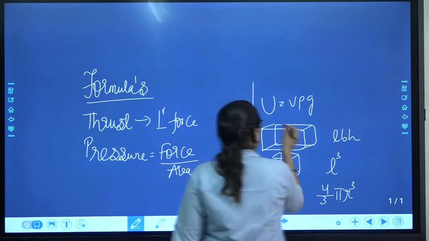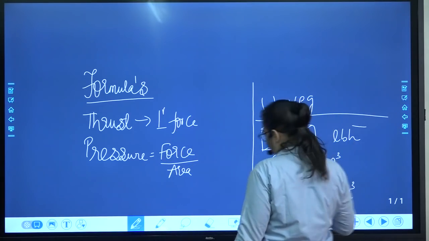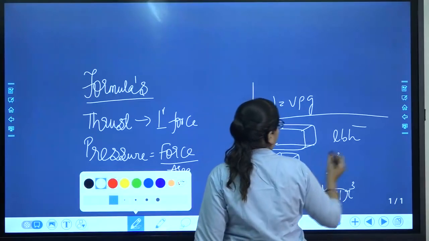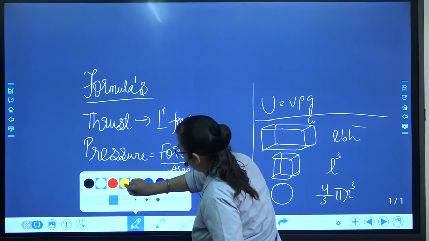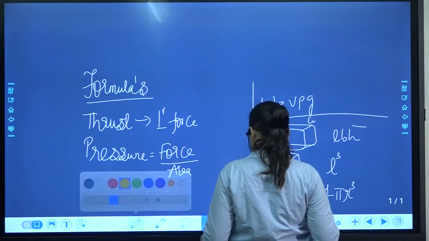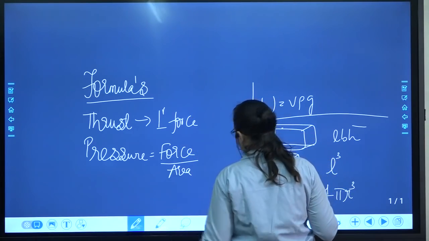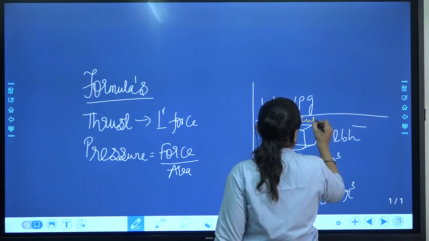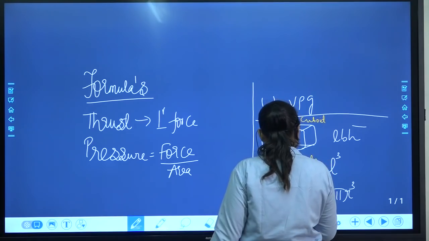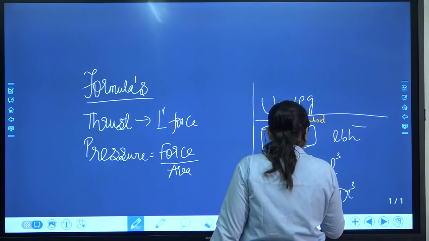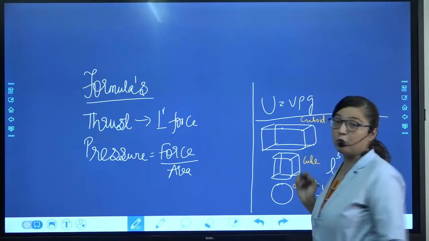Okay, this many volumes you have to remember. This is for a cuboid, this is for cube and this is for sphere. This many formulas of volume you have to learn.